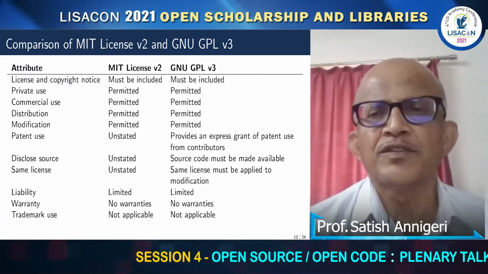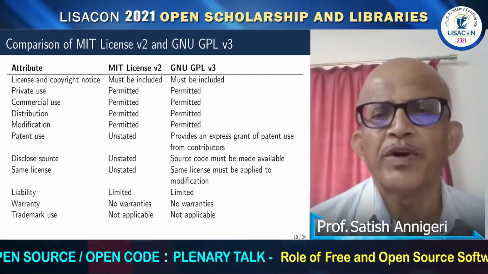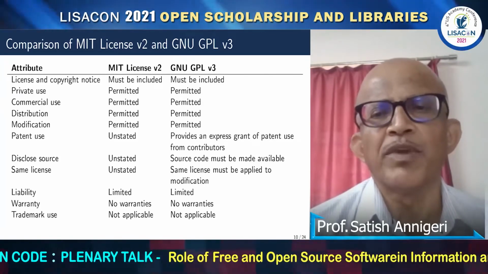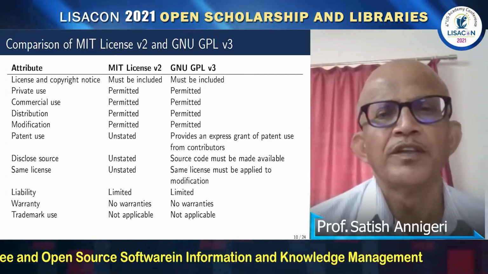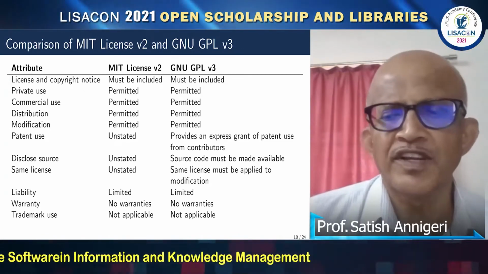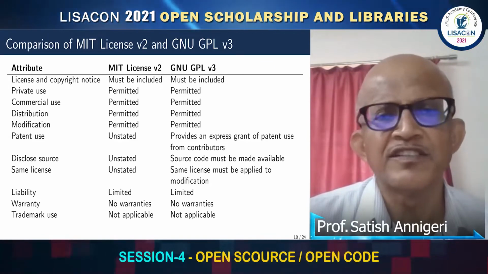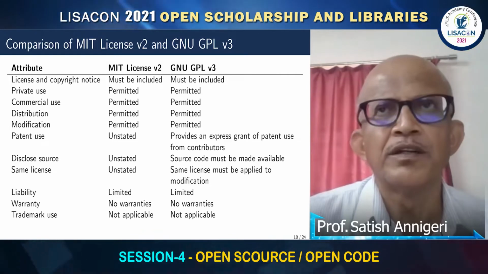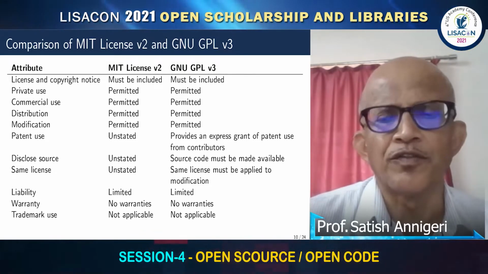It ensures that source code must be made available, and it also requires that the same license must be applied to any modifications made to the free and open source software. So you can see that most FOSS licenses are similar, but there may be minor variations. It is a good idea to check out these aspects for the software.